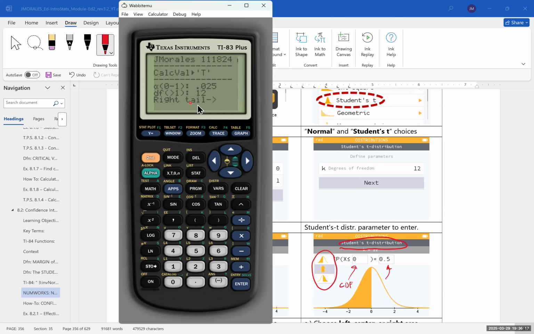There we go. And so this is a positive t critical score. And this is what the t critical value would be. This would be the boundary between the significance level on one side and the confidence level on the other side.